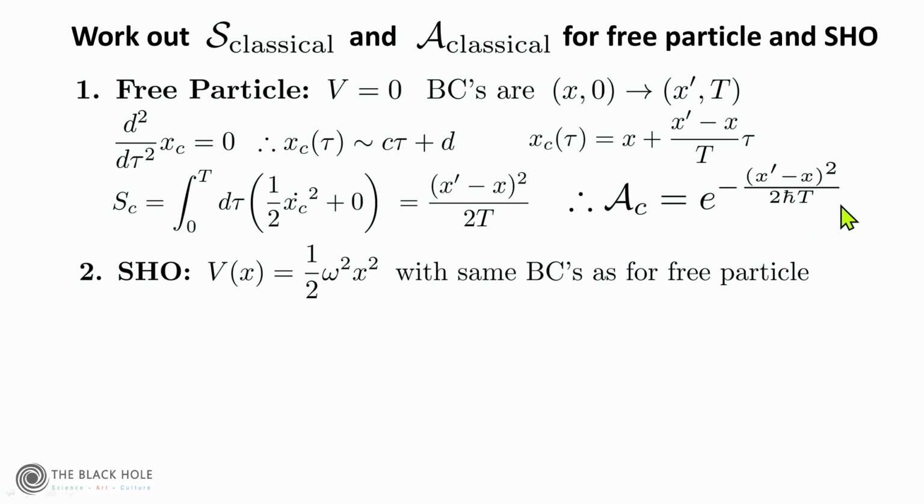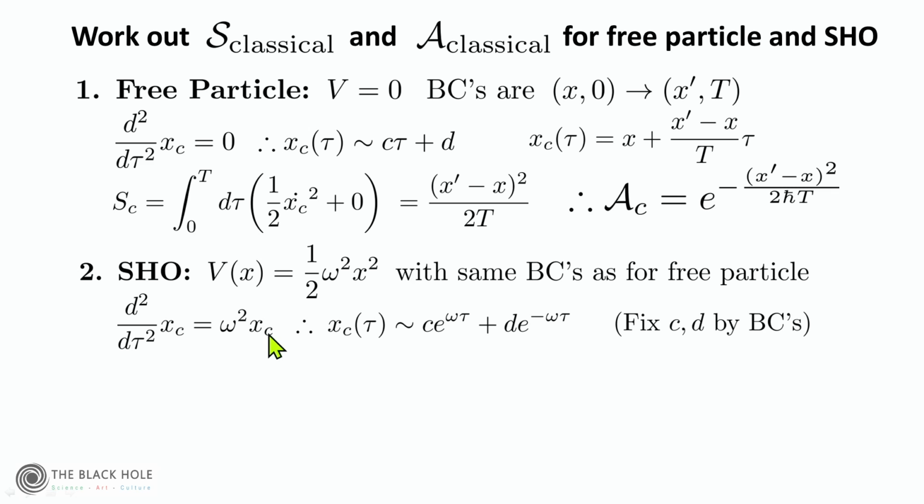Repeat now for the simple harmonic oscillator. Okay, so for the simple harmonic oscillator, we'll use the same boundary condition. Start at x0, end at x prime t. If you take the derivative of the potential over here, that's omega squared x.